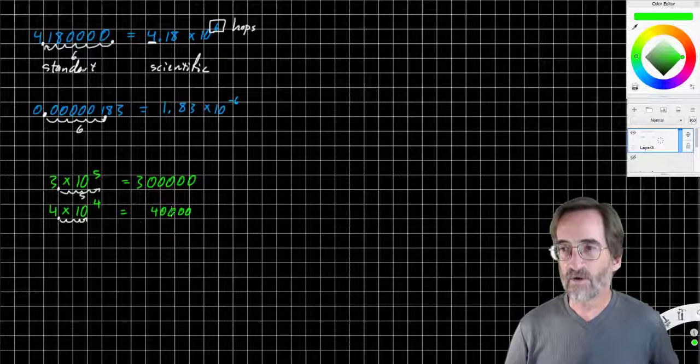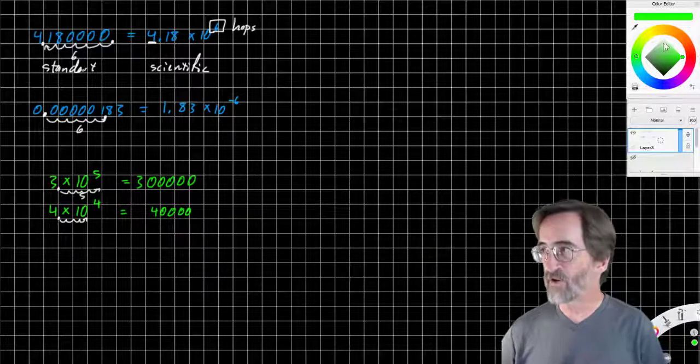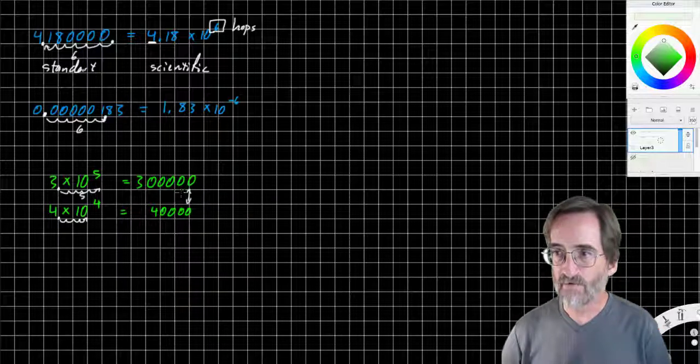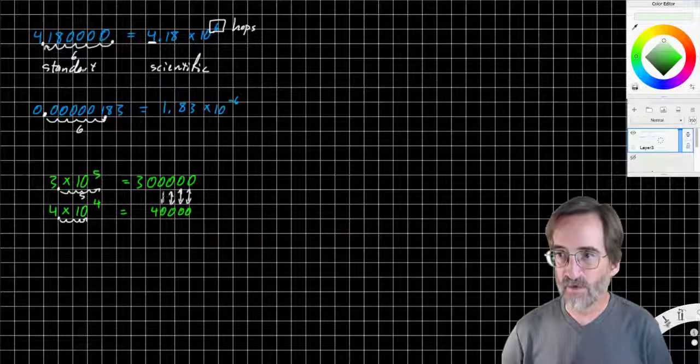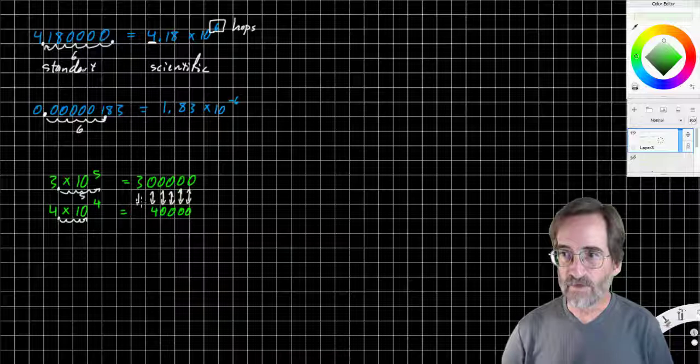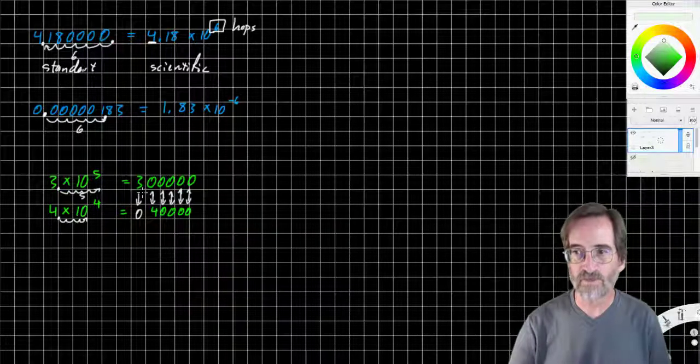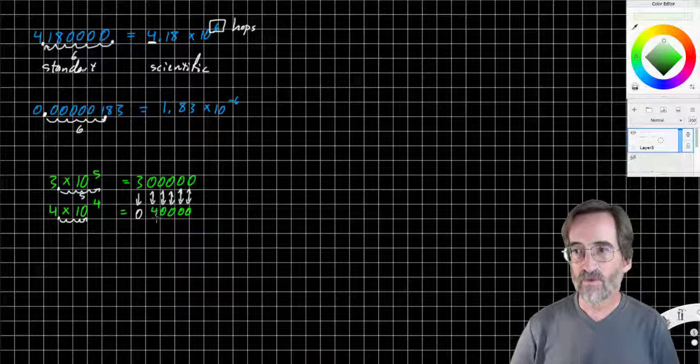Now if you compare these numbers, if you've learned to compare regular standard notation numbers, compare from right to left. Same, same, same, same, same. Different. Think of this as 3 hundred thousandths and 4 ten thousandths.